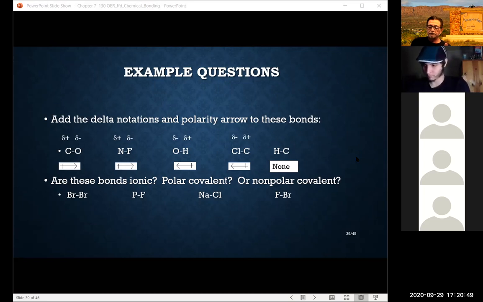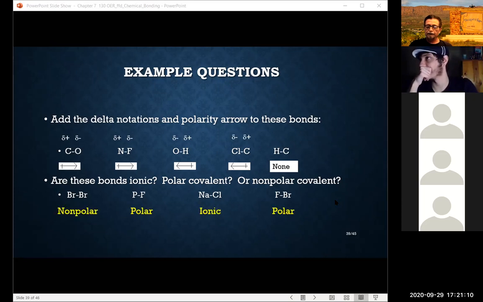Polar, non-polar? Polar. Definitely polar, extremely polar. And the same would be true for fluoride and bromide.